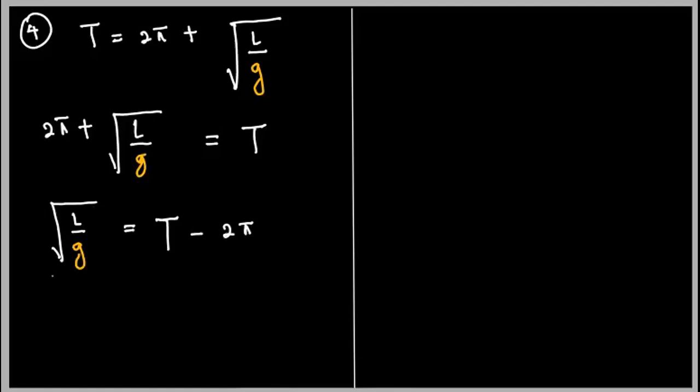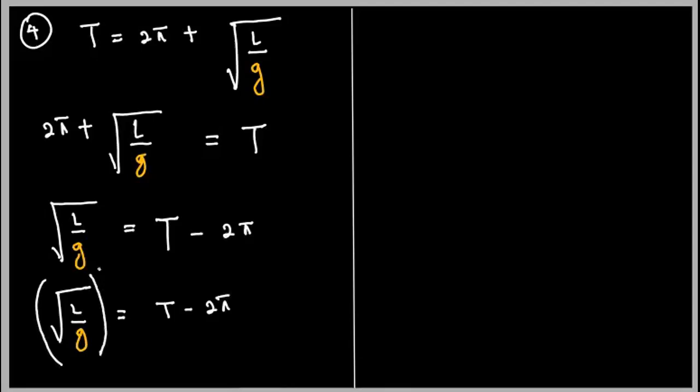To get G, I need to remove the square root. So how can I remove the square root? By squaring both sides. I'll square both sides, and I'll have the square root of L over G equal to T minus 2 pi.